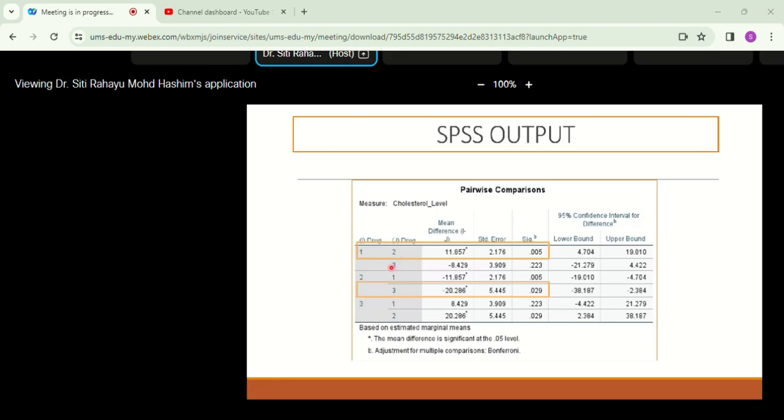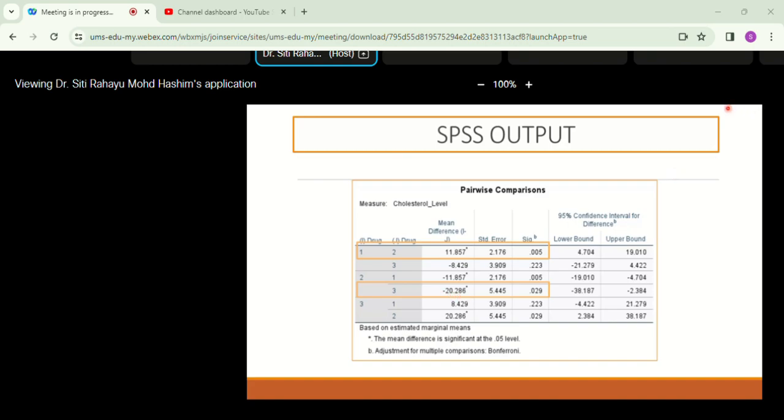Okay, and then we can see that drug 2 and drug 3, there is also a significant difference in terms of the cholesterol level with mean difference negative 20.286.